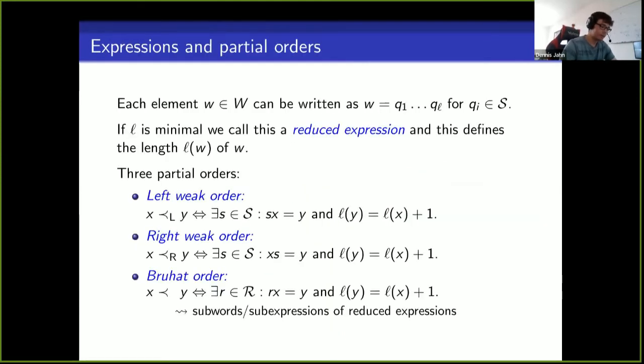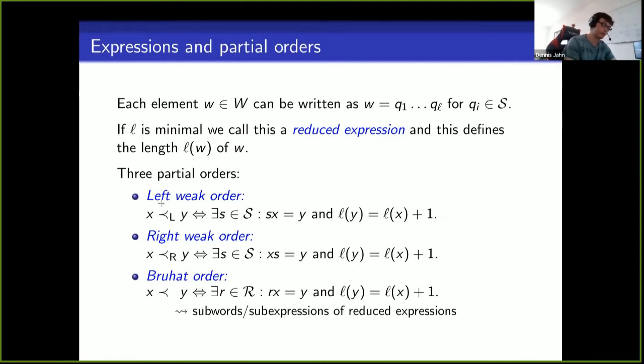For an element in the Coxeter group, we can write this as a product of the generators. If we have such a product of minimal length, we call this a reduced expression. The length of this expression also defines the length of the element. With these words and with a length, we can define 3 partial orders on our group.